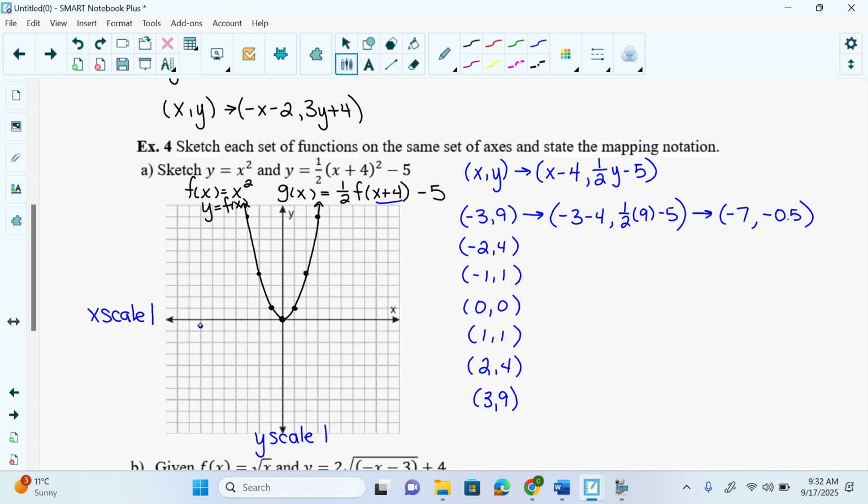All right. Okay. Then we're going to get -3 minus 2, 1/2 of 4 minus 5. -3 minus 2 is -5. 1/2 of 4 is 2. 2 minus 5 is -3.